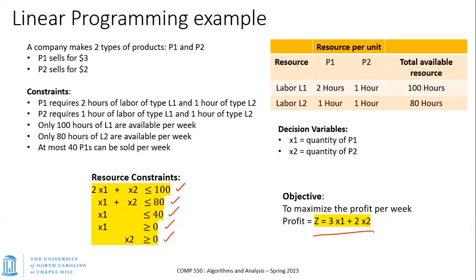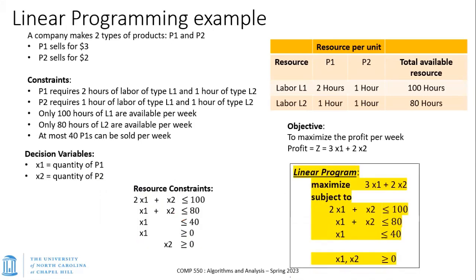Those are nice resource constraints and objectives. More generally speaking, a linear program can be written as the following set of equations. Generally, you have to maximize or minimize something. In this case, you're trying to maximize your revenue. If it was your cost, you'd try to minimize that, and you'd have a bunch of constraints.